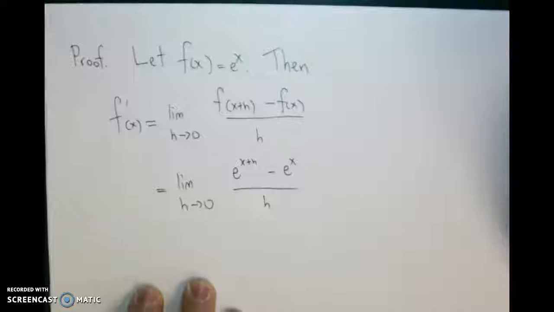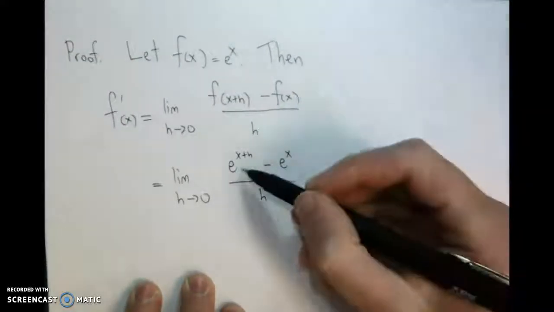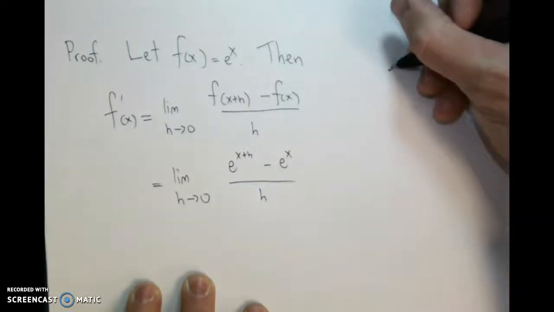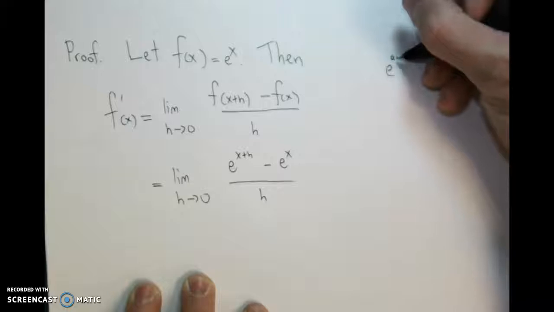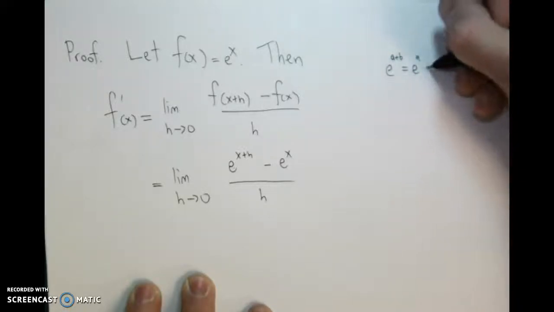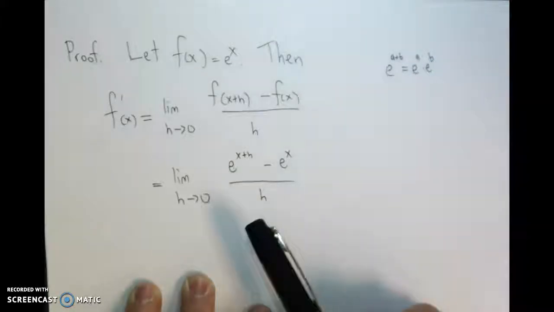Now, you stare at this, and there's not so much you can do, but you see you have e to the x plus h. Think about rules of exponents. e to the a plus b should be e to the a times e to the b. So this could be useful here.